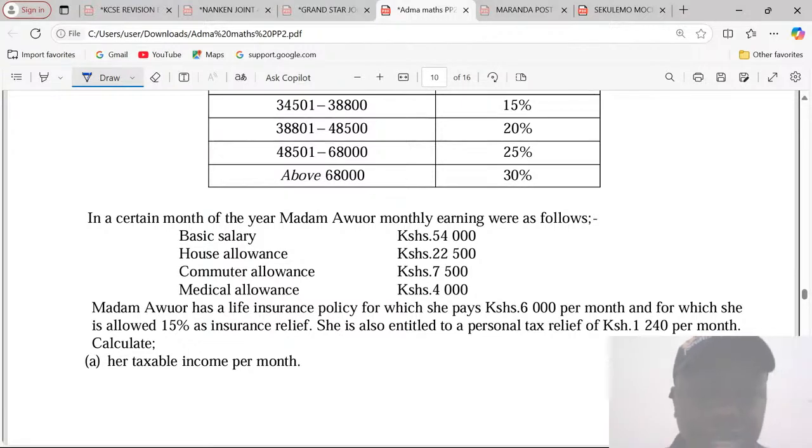Madam Awuor has a life insurance policy for which she pays 6,000 Kenya shillings per month, and for which she is allowed 15% as insurance relief. She is also entitled to a personal tax relief of 1,240 Kenya shillings per month. Calculate part 1, taxable income per month.